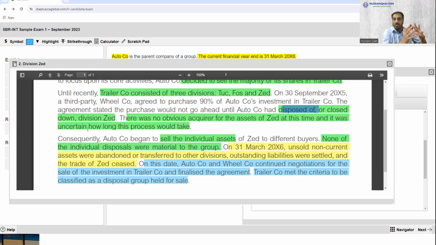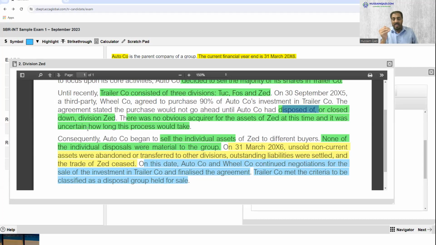And here the requirement is to classify Z as held for sale. So recall the knowledge. IFRS 5 says that for any single asset or group of assets you want to classify as held for sale, there are two prime conditions. Number one, immediately available for sale, that is, all the assets of division Z. And number two, sale is highly probable.